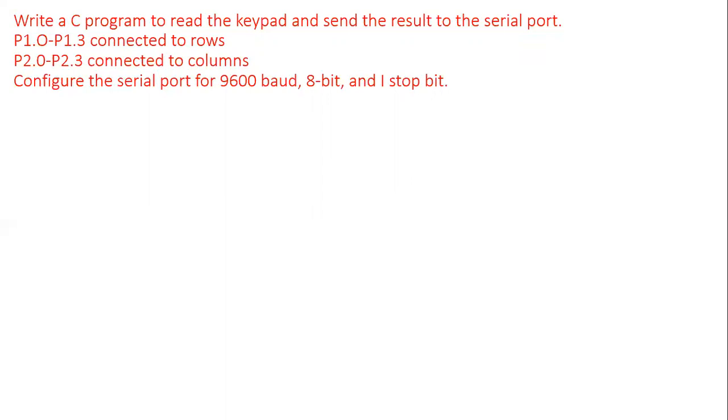Columns are output from the microcontroller. So we use P1.0 to P1.3 to connect the rows, and P2.0 to P2.3 to connect the columns. Since we send the result to the serial port, we use the serial port with a baud rate of 9600, 8-bit and one stop bit, isn't it?